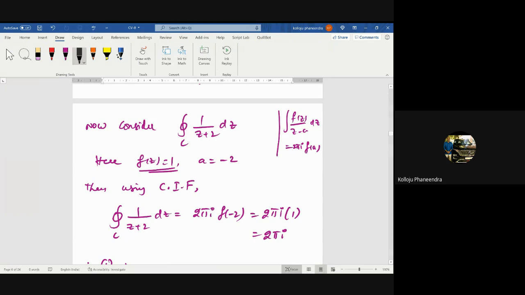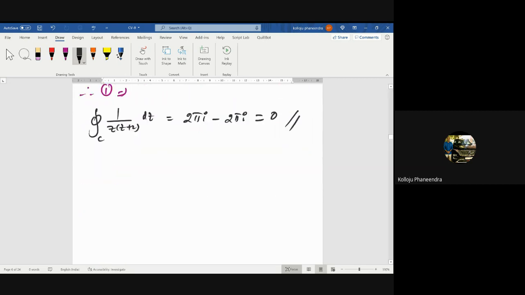Now, next problem, based on Cauchy integral formula and its derivatives also, right? That's simple. Take this.